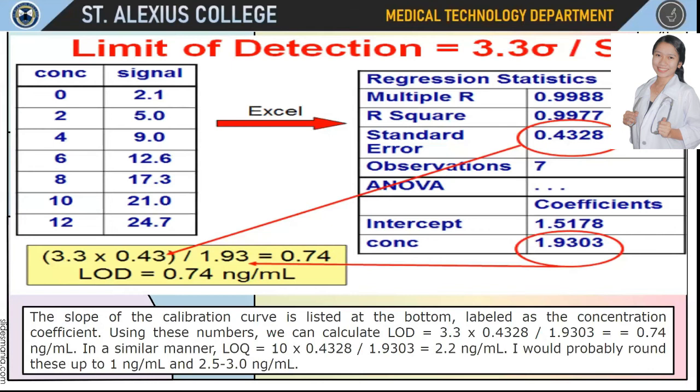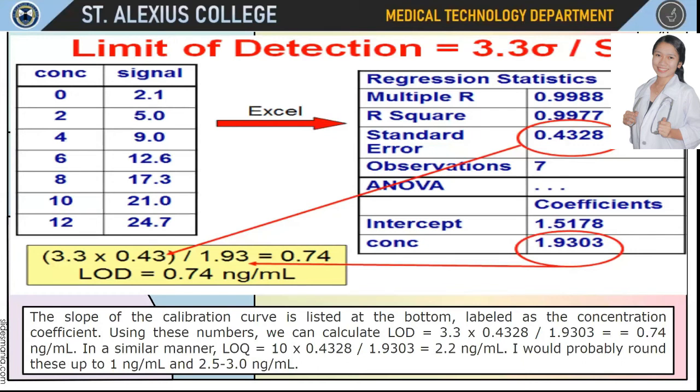Using this number, we can calculate LOD equals 3.3 times 0.4328 divided by 1.9303, which equals 0.74 nanograms per milliliter.